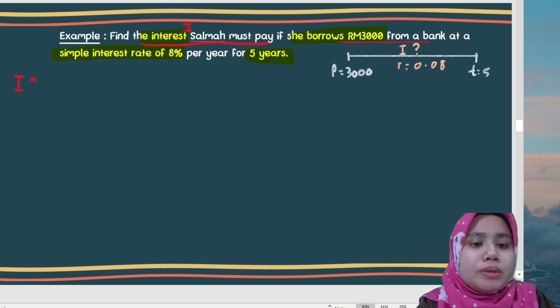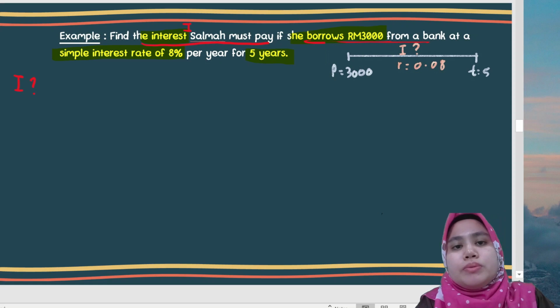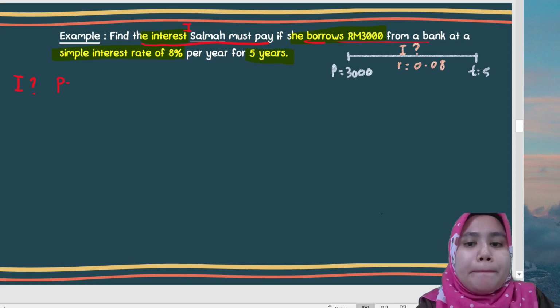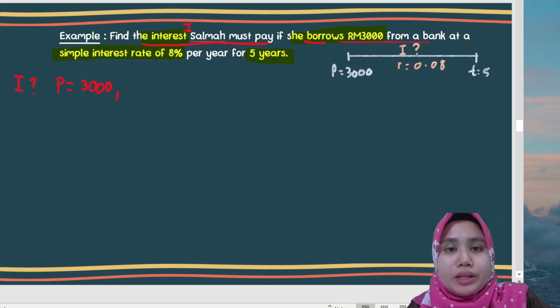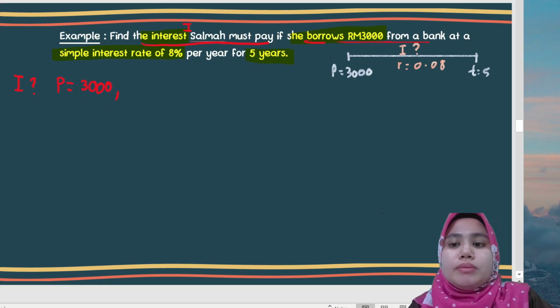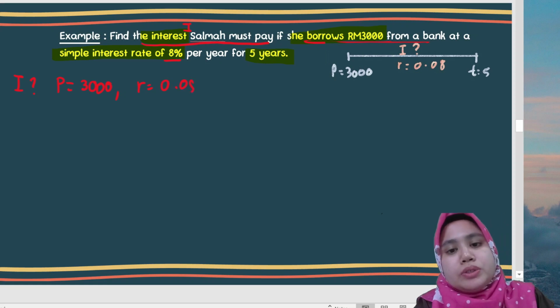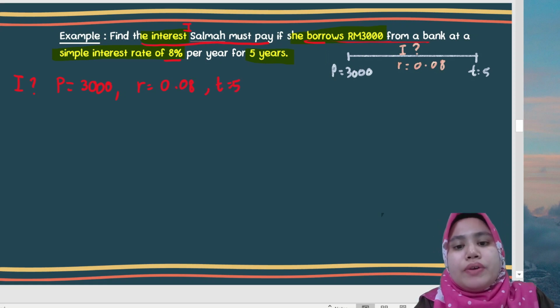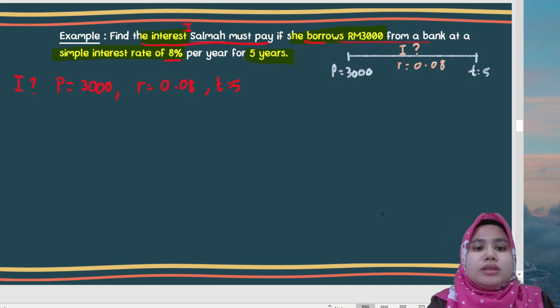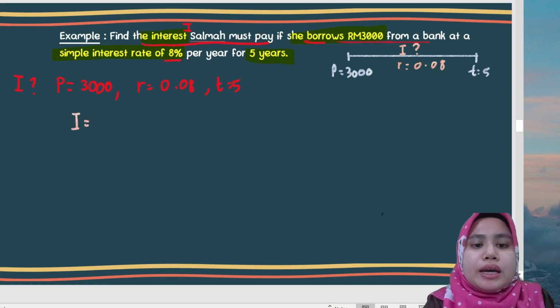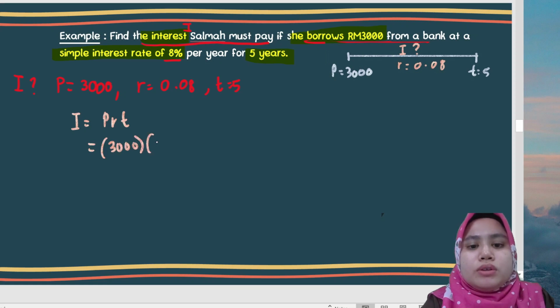So we want to find capital I. Borrows means your P, your principal value. Because it is a loan at a simple interest of 8%, our small r is 0.08 and T is 5. We want to find I, which is PRT. You just substitute the values.